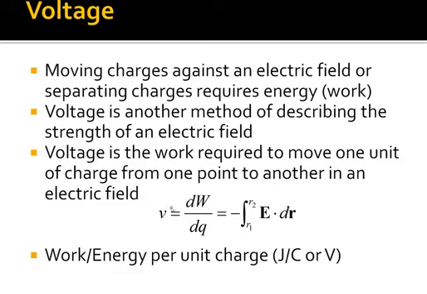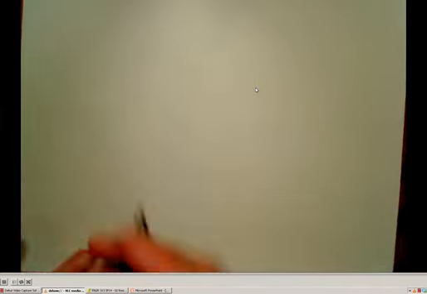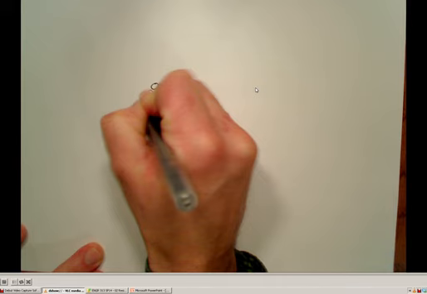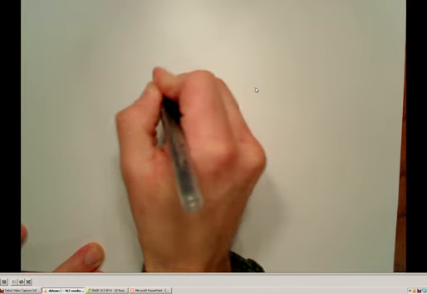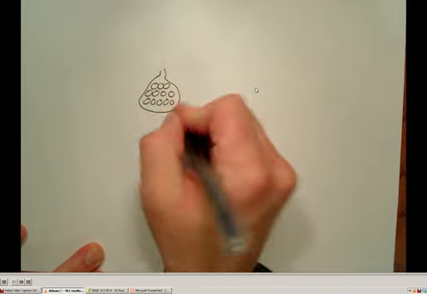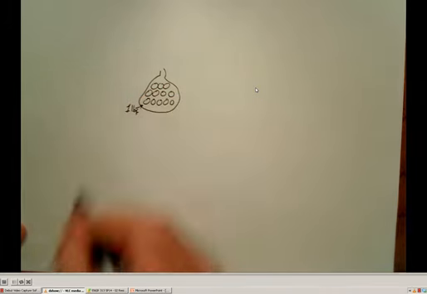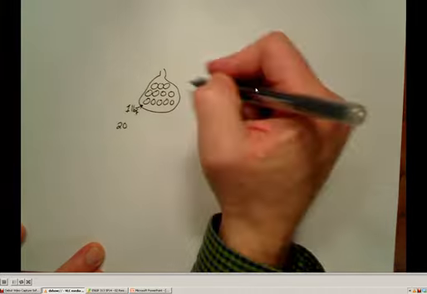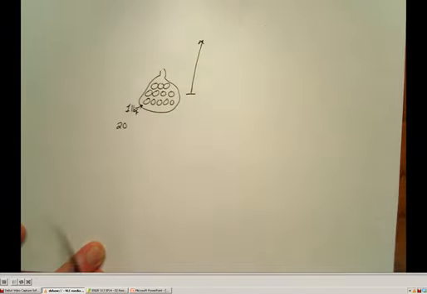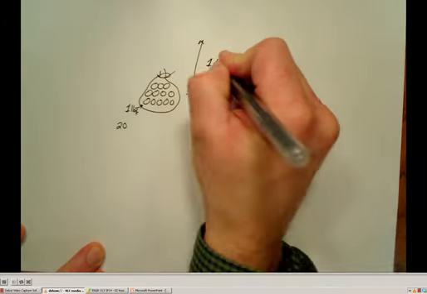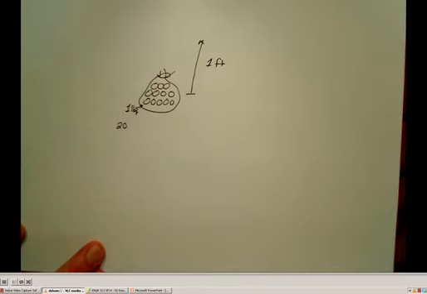From our studies in dynamics, we know that if we take, and this is a silly example in a way, a bag that's full of 1 pound force rocks, and let's say we have 20 of them, and I want to pull this bag of rocks up a distance of 1 foot.